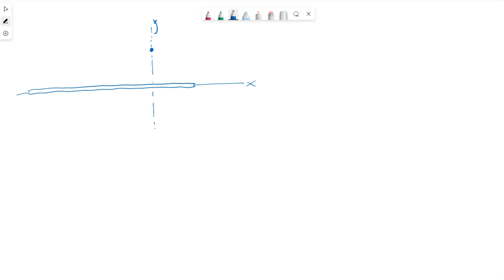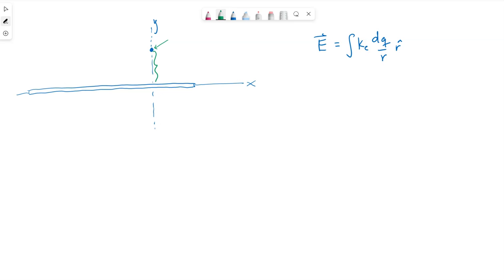Because if you remember in the previous videos, when we wrote dq, we could say it was lambda dx or lambda dy, and then r was in terms of just x, how far from the origin. To keep that similarly the case, it makes it easier to just go ahead and put this y-axis going through the point of interest. So this dot I've drawn right here represents that point A.